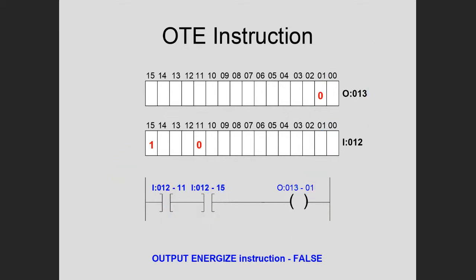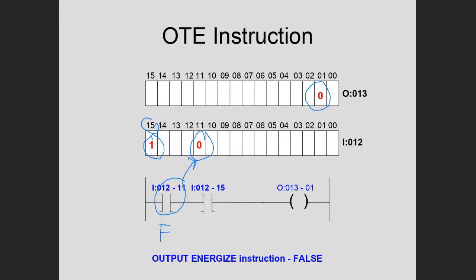Well, we can reverse the situation. Now, say the switches open up. So now I have a 0 in this bit position, and a 0 in this bit position. Now notice this one's still closed. Whatever was connected to screw terminal 15 is still closed, so there's still a 1 there. But look what happens. This is going to look for a 1. It sees a 0 there, so this is false.